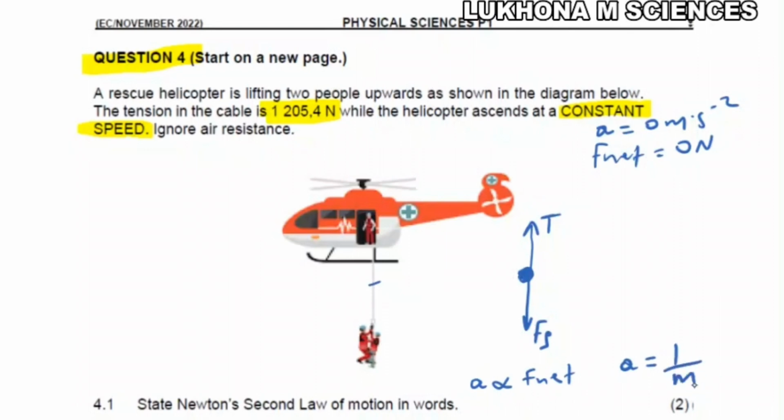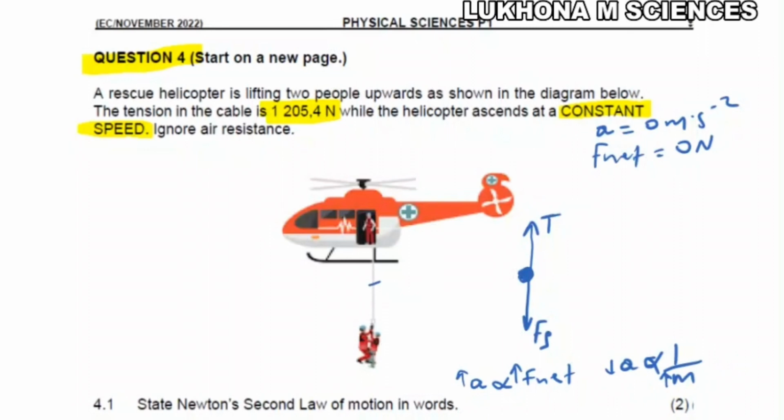So when the net force increases, acceleration increases. But when the mass of the object increases, acceleration decreases. That is Newton's second law.